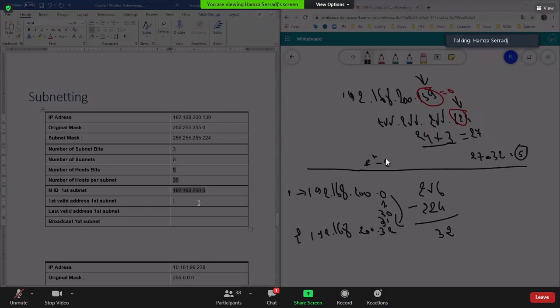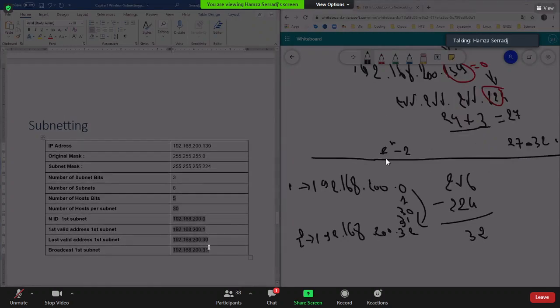First valid IP address, increment in this one, will give me the first valid IP address, 200.1. And the broadcast is just the one that is before the next network ID. So this is the network ID of the second here, minus 1 will be 192.168.200.31.